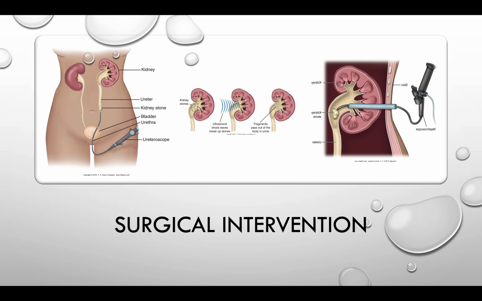They can be completely internal, and if that is the case, once it's time for them to come out, the patient will follow up in the outpatient office typically, and they will use a ureteroscope like what you see on the left of this slide. They'll go in and they'll pull it out. There's no sedation or anything like that. There's local anesthetic at the urinary meatus, where they just go in and they take this stent out.